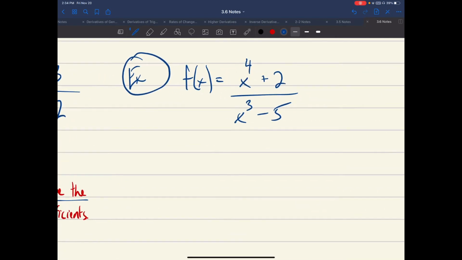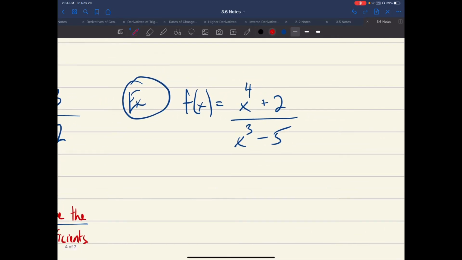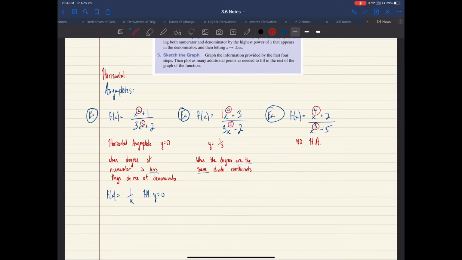Okay, for our last example, you can see it's x to the fourth plus 2 and x to the third minus 5 in the denominator. So for that, these degrees are different and it's higher in the numerator. So if this happens, then there is no horizontal asymptote. Okay, so when the degree, let's see if I can do a little copy paste.